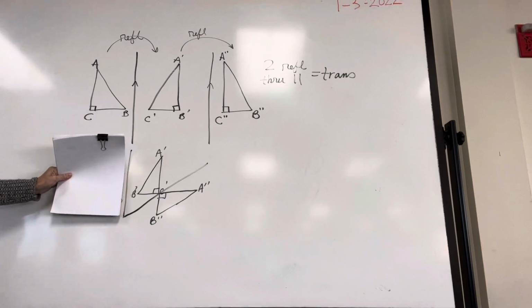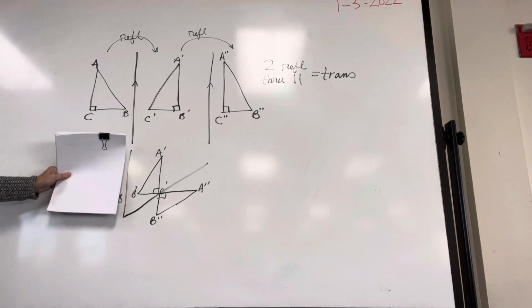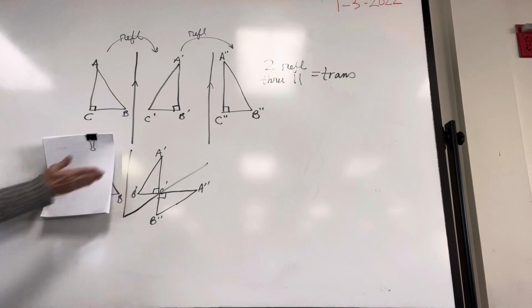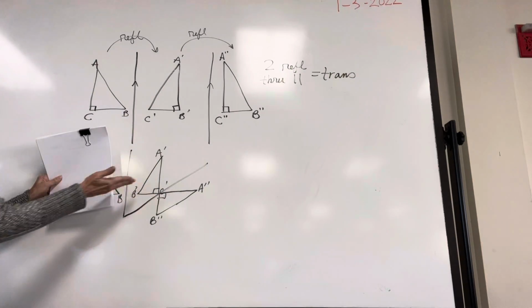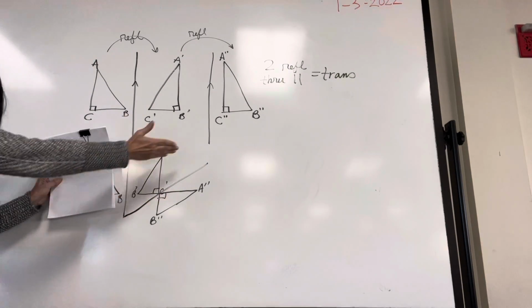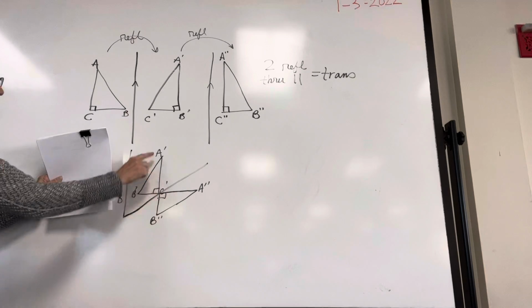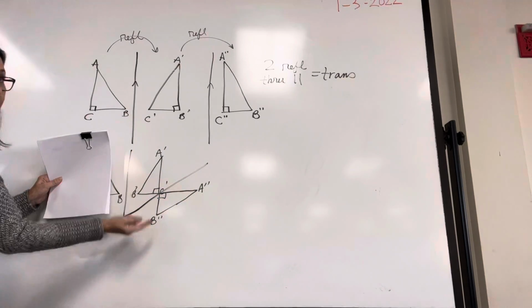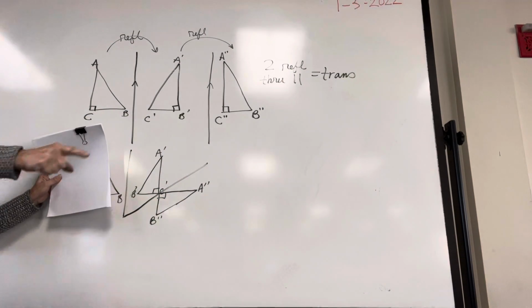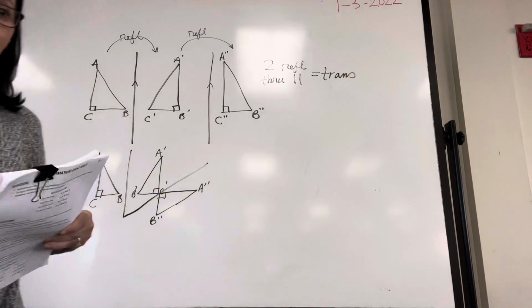Yeah. Rotation. What, also a reflection? What do you think? It's a reflection. But the reflection is through this line that's sort of slanted, right? So C stays there, A reflects across here, B reflects across here.